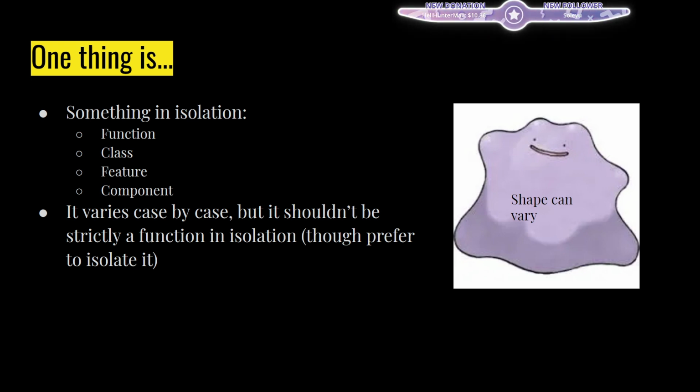So unit test, or in general tests, will always test something in isolation, and it has various levels, starting from function, class, feature, and being as complex and high level as a component. So you could potentially even test a class or a feature and call that a unit test.